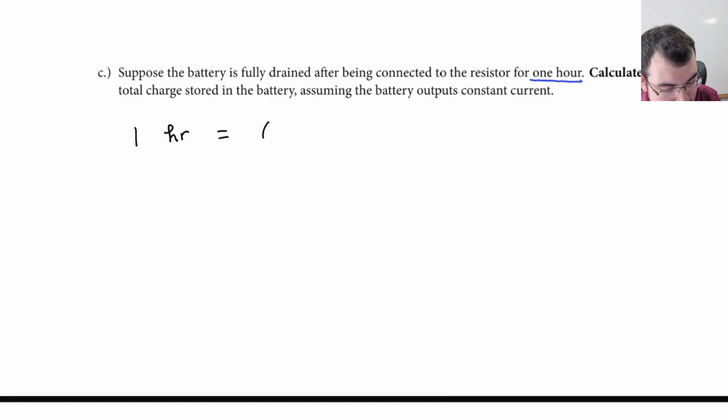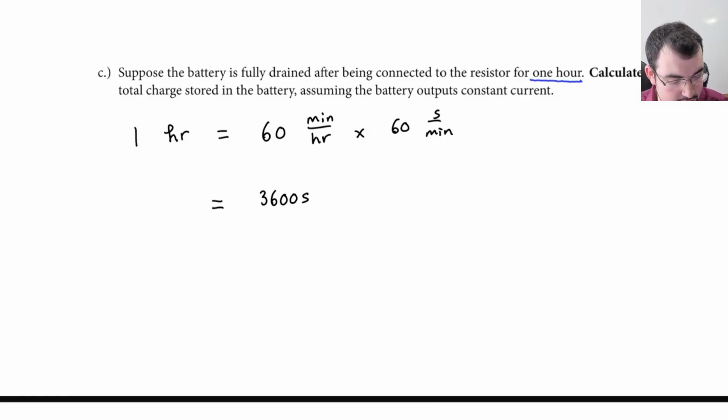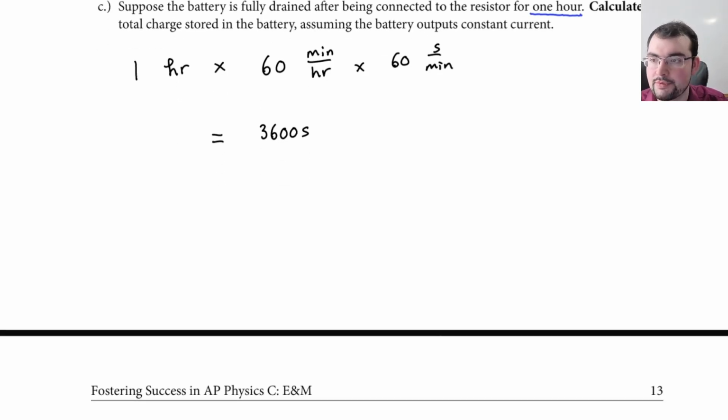So 1 hour is equal to, well, we know that there's 60 minutes per hour, and then there's 60 seconds per minute. So we get that extra factor of 60. So we get 3,600 seconds. And actually, I should make this a multiply here just to show it better.